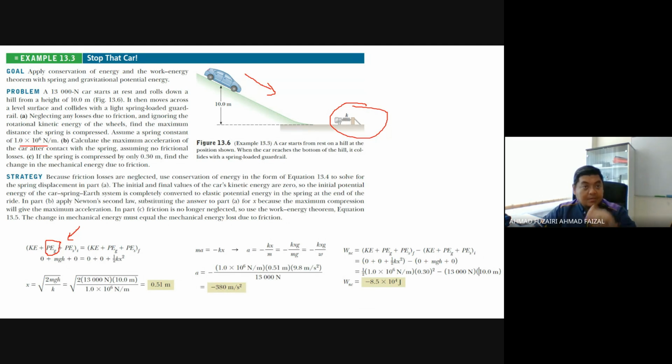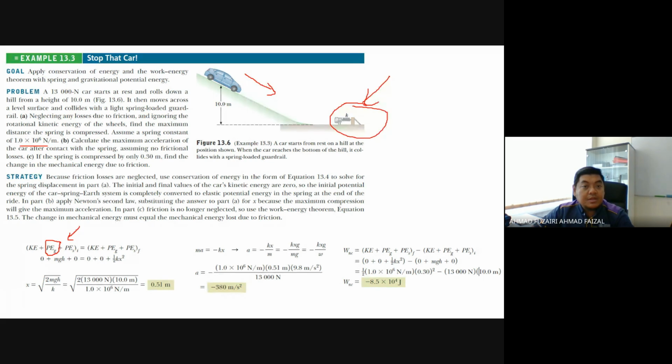That height is what we use to calculate the potential energy of the car. Afterwards, all the potential energy is transformed into kinetic energy. But that kinetic energy now, this car collides with the spring.